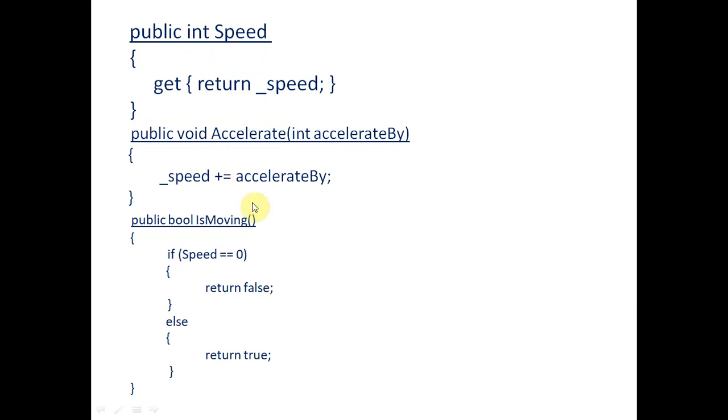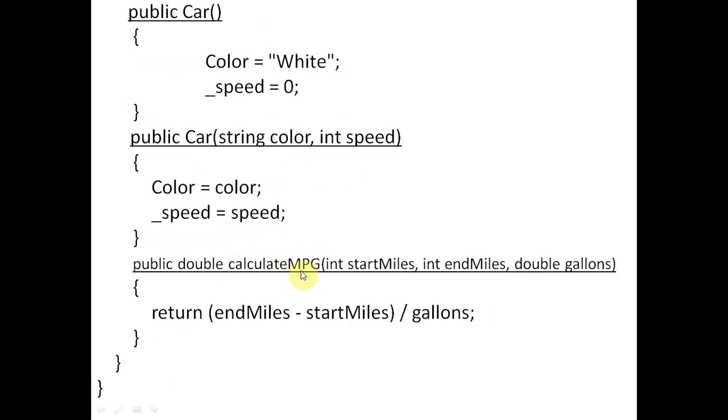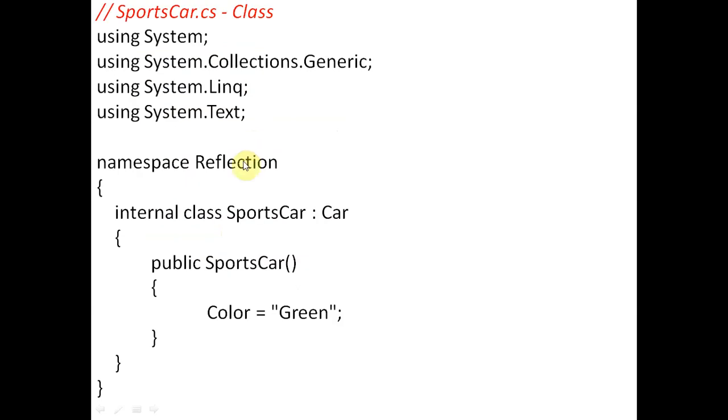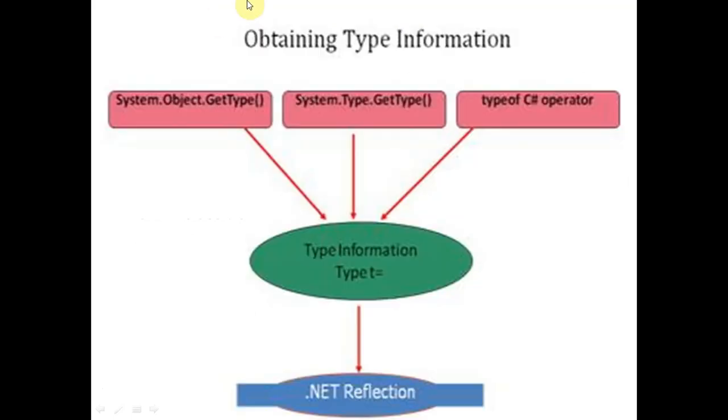Integer speed, Accelerate, IsMoving, CalculateMPG are its functions, and Car and Car are the default and parameterized constructors. Then we have one derived class, SportsCar, which is inherited from the Car class. So we are running its constructor here.